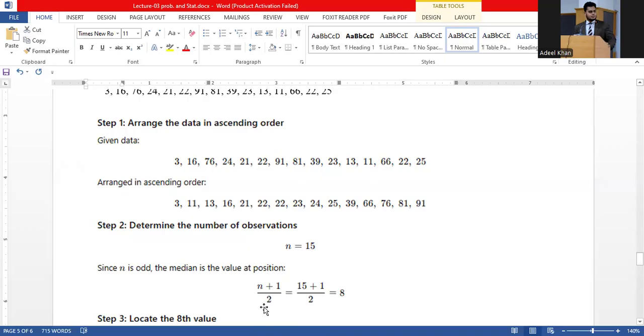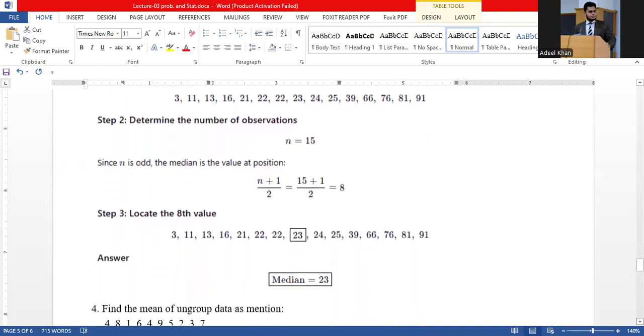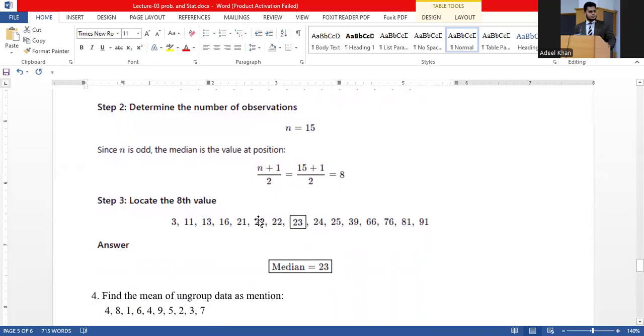This is the step which we need to follow to find the middle value. So 15 plus 1 divided by 2, we get the value 8. In sequence, 1, 2, 3, 4, 5, 6, 7, 8, that is 23. The 8th value is the 23rd value. So this is the way we need to find the median value from the data.